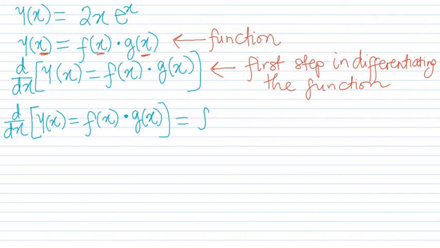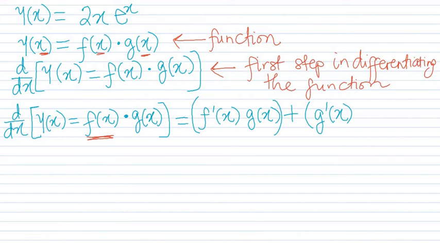So this is going to be f prime of x, okay, multiplied by g of x. So basically we're doing the derivative of the first function multiplied by just the second function, and then we do that in bracket, plus the derivative of the second function, right, multiplied by just the first function, f of x. So that is it.